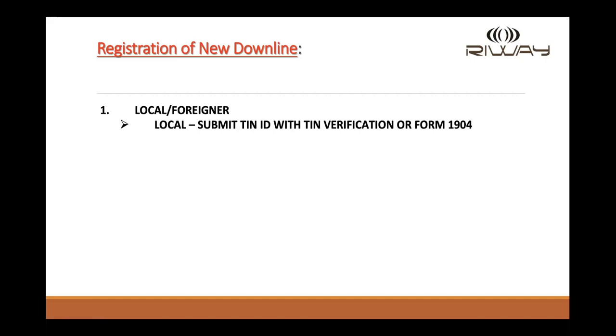Meaning to say, you submit the TIN ID, another legal Philippine ID, together with either a TIN verification with BIR CHOP or form 1904 with BIR CHOP. Then you are ensured that it would be registered under local.